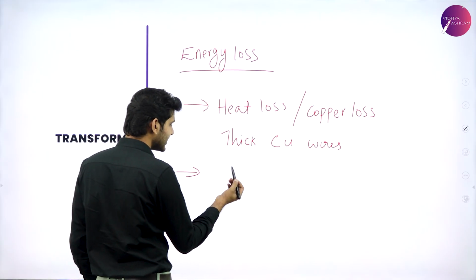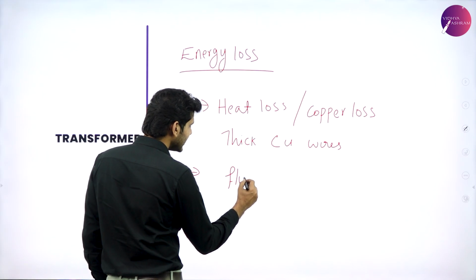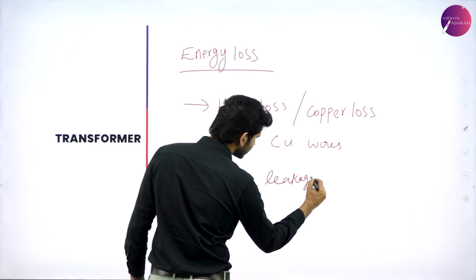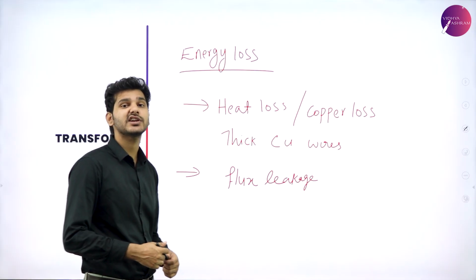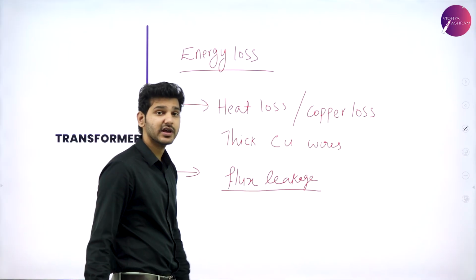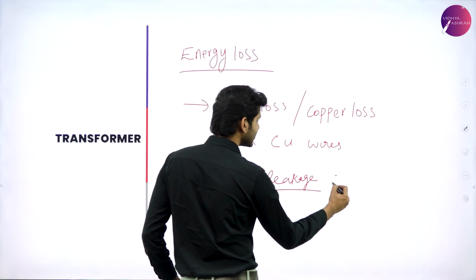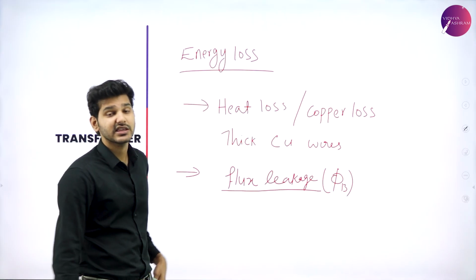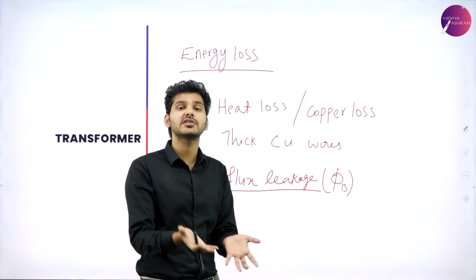We can just say that flux leakage is one more problem in transformers. This happens when phi B, the magnetic flux, cannot fully enter the secondary coil.